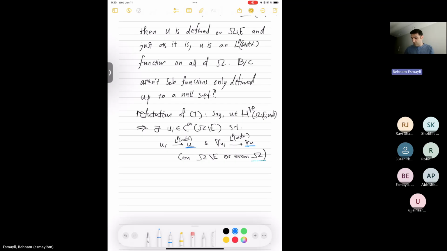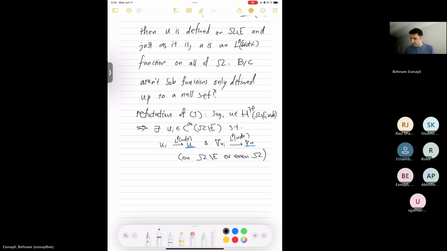all of omega? No, because if you wanted to prove that the function is in Sobolev all of omega, you need approximating functions which are smooth, not just on omega minus E, but on all of omega. And that doesn't happen, as I just showed, even with a C1 or continuous function. If you are smooth outside one point, you are not guaranteed to be smooth everywhere.